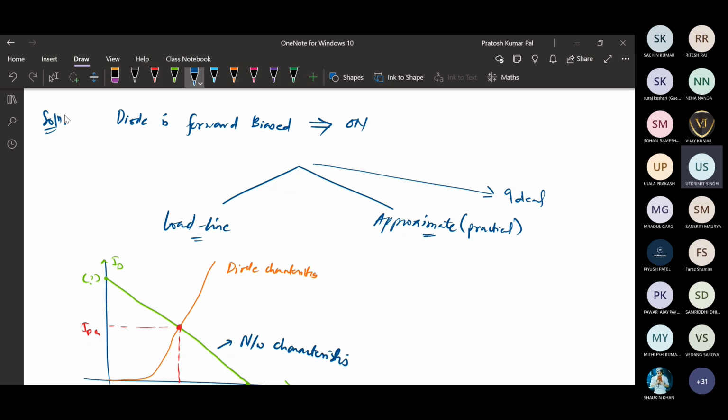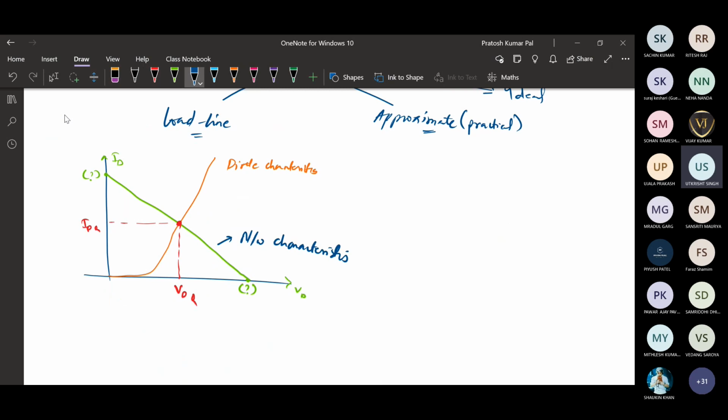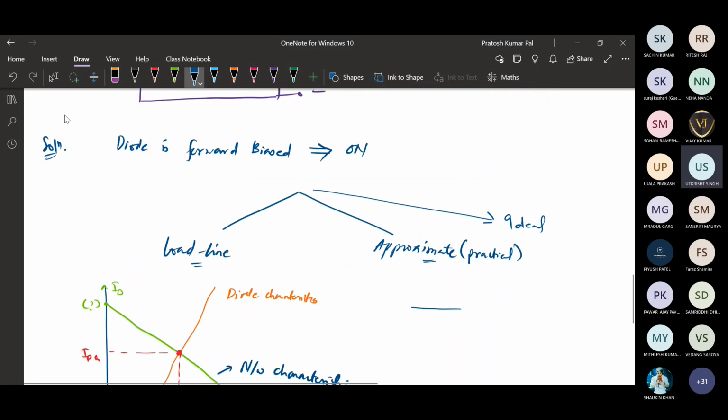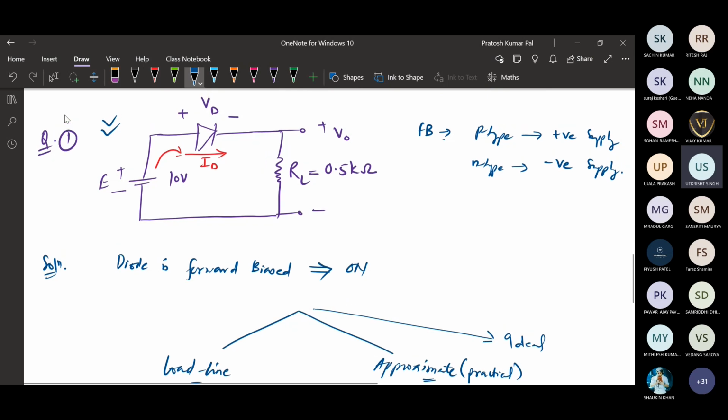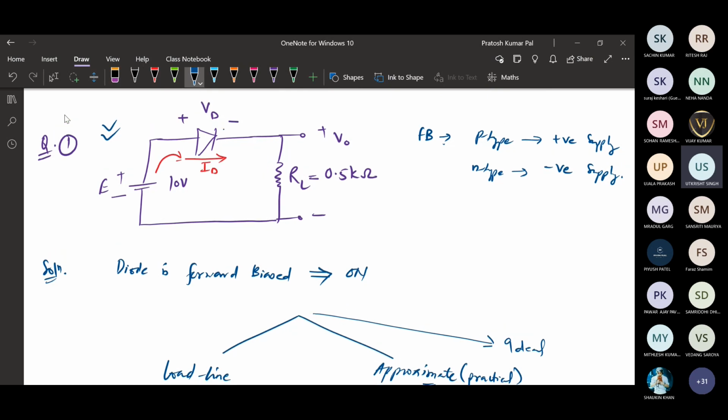If it is approximate mode, then we will replace the diode with its equivalent voltage. If a diode is forward biased, it depends on the type of diode. Generally we consider the diode to be silicon.